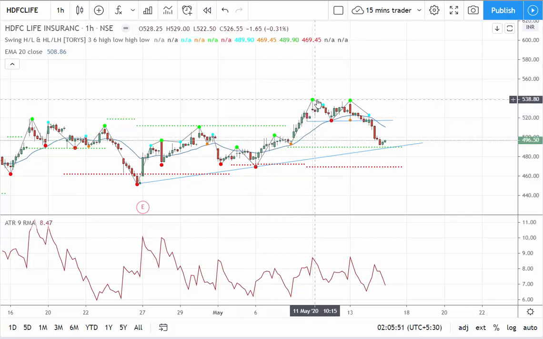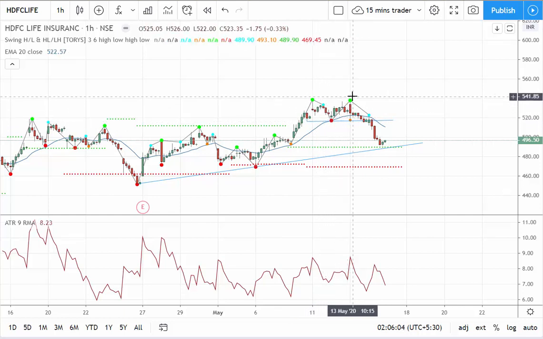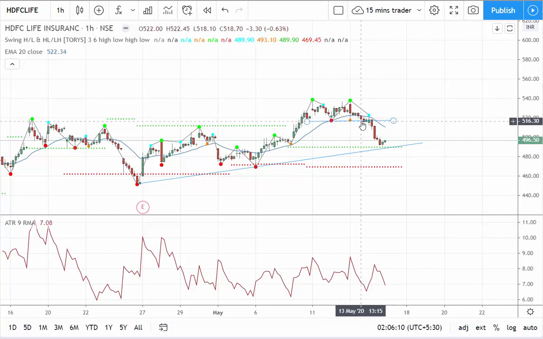I'll teach you that today. In the earlier video I just told the basics of swing chart. Today I'll use Fibonacci retracement to help you book profits. Here you can clearly see the stop loss of a long trade is at 516. Below 516, the stop loss means the swing turns to downtrend.